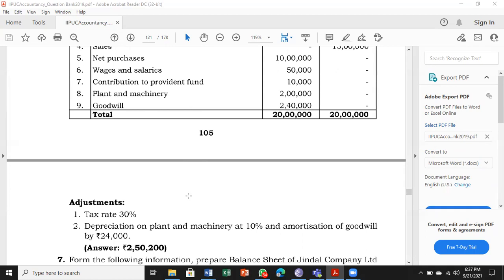And we have some adjustments. Tax rate 30%. Next, depreciation on plant and machinery at 10%, which we need to calculate. Amortization of goodwill by 24,000.